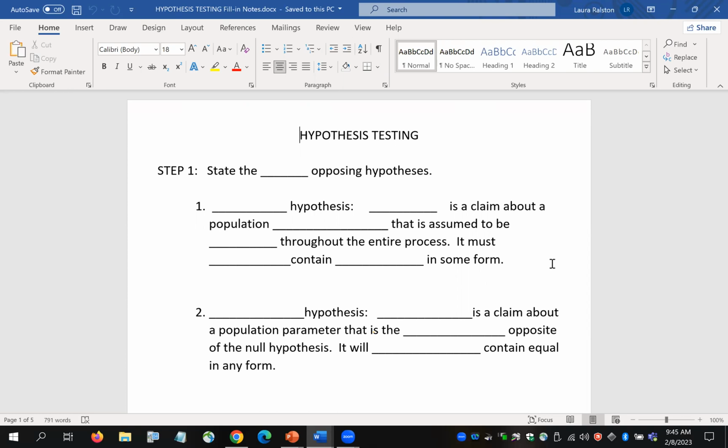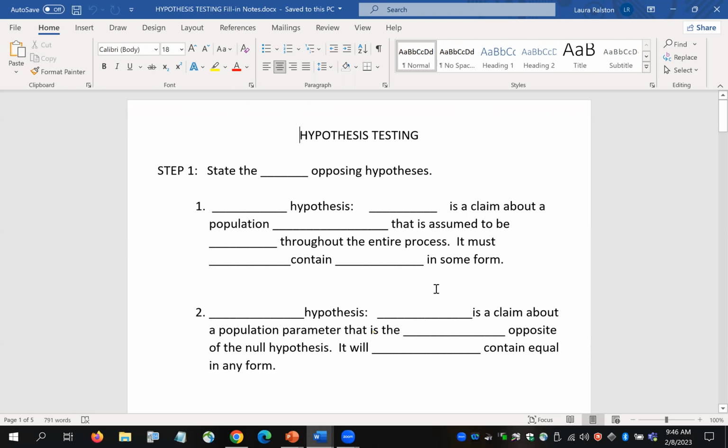We're going to look at a variety of tests or statistical analyses which involve hypothesis testing. So this is an important topic. It's one that obviously you need a good understanding of.